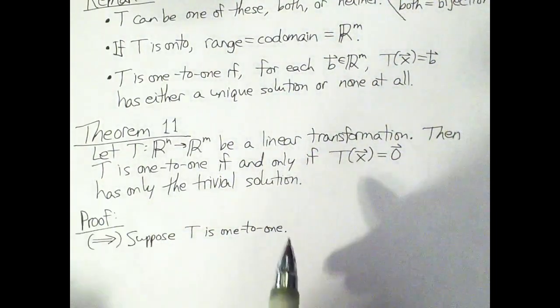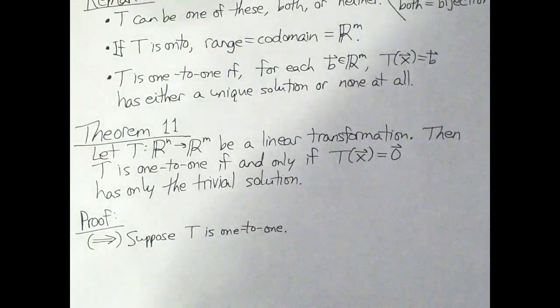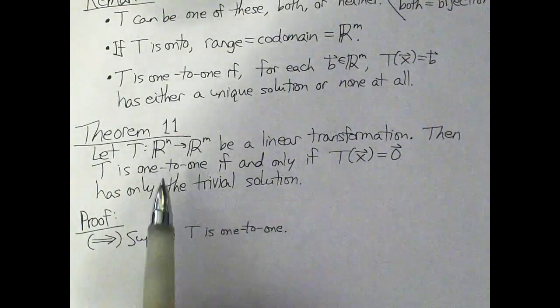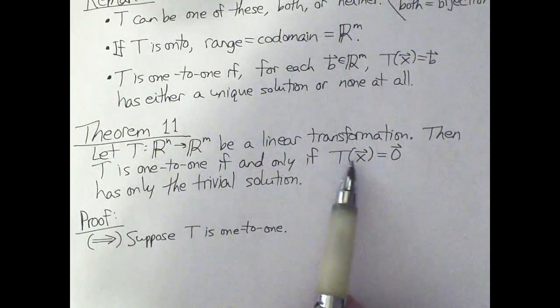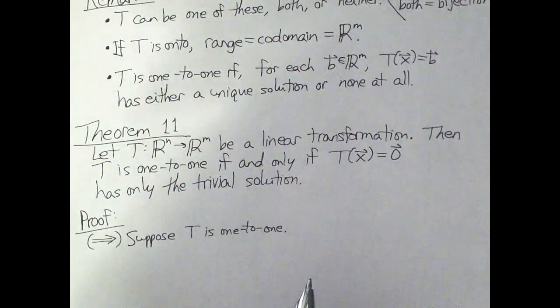Sometimes actually getting started on a proof can help shed some light on how and why the theorem works, and it can give us a deeper understanding about the theorem. So suppose T is one-to-one. What are we trying to show here? We're trying to show that T of x equals 0 has only the trivial solution.